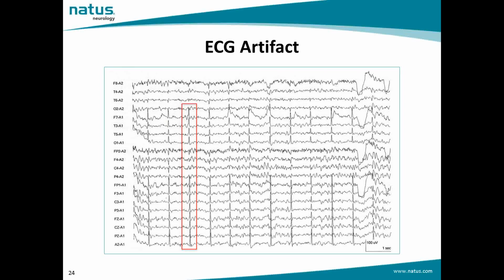For instance, when performing hyperventilation, because breathing changes the position of the heart and its electrical vector with respect to the head. Referential recordings, combining both ears as a reference, tend to show fewer ECG artifacts than referential recordings to one ear.